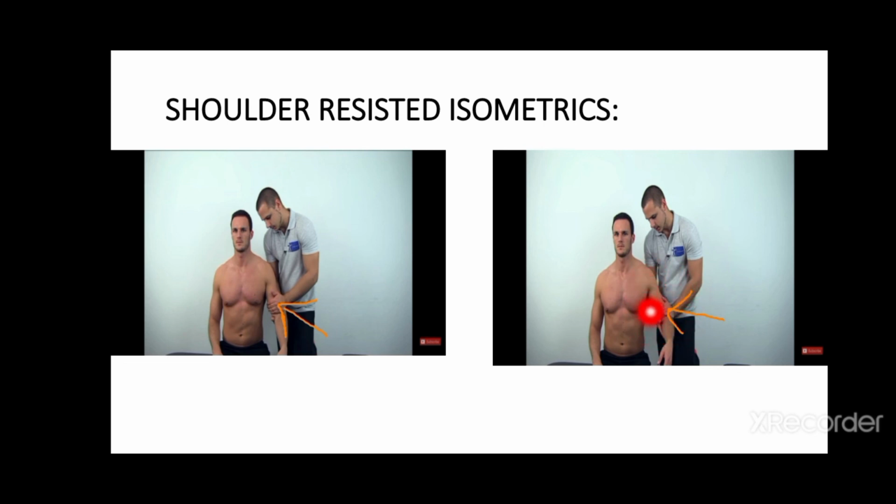This arrow shows the resistance, and the patient will exert his maximum effort to perform this movement. Let's suppose the patient is complaining of no pain during the movement, and on assessment there is strong contraction in the muscle. It means there is no lesion in the abductors, and the abductors are normal.